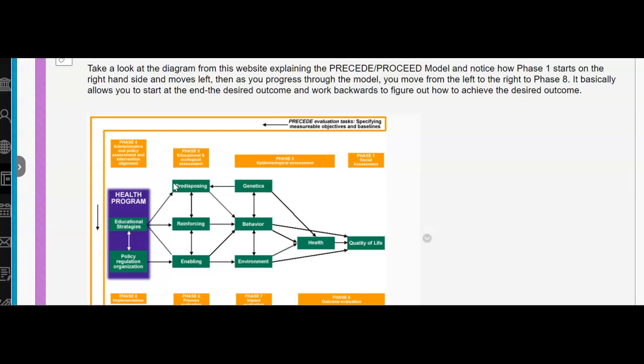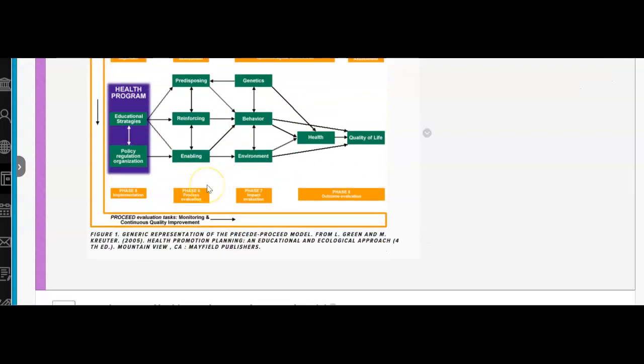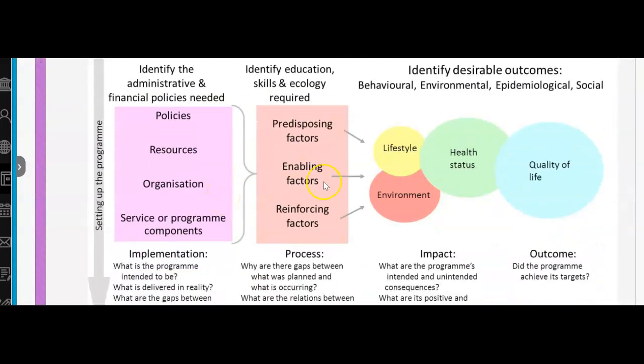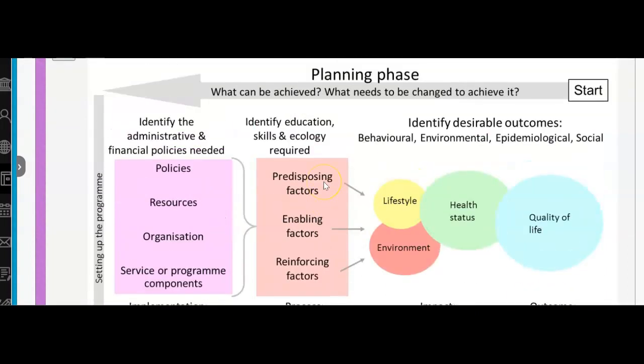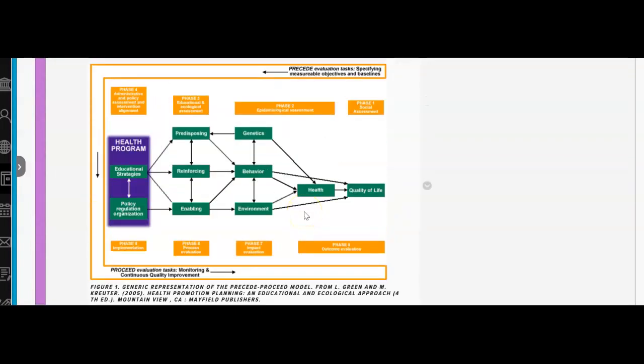Precede-Proceed model. And this is one of the depictions, and that's in your book. And there's another depiction as well of the same model, but find the one that you better understand, that is clearer to you, that you can really go, okay, that's helping me out.